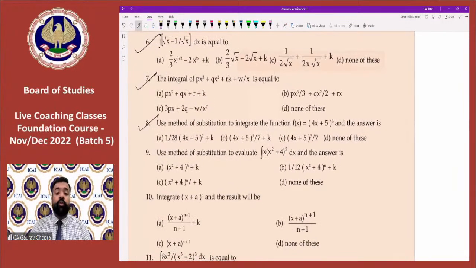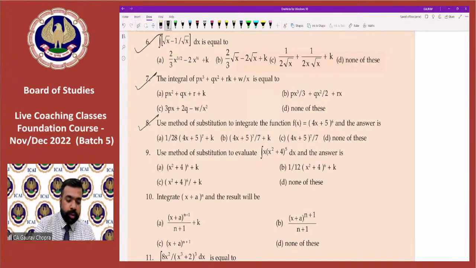You can tell the answer now for question number 8. If the function is 4x plus 5 to the power of 6, and now you have to answer what will be the integration. 4x plus 5 to the power of 6.